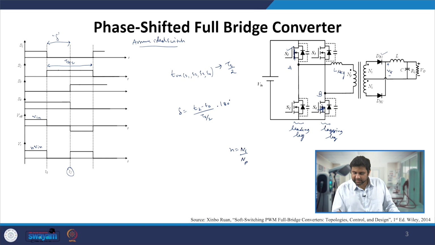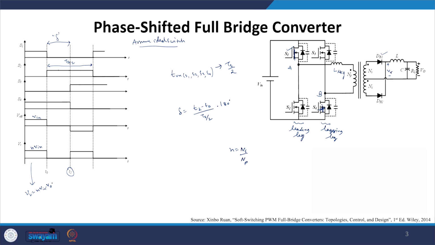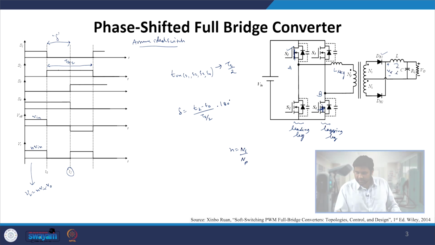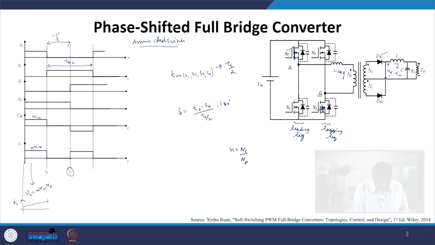So, N Vin voltage is applied at one end of the inductor, on the other end we have V naught. So, the voltage across L is nothing but N Vin minus V naught, and the inductor current will then rise linearly with a positive slope.